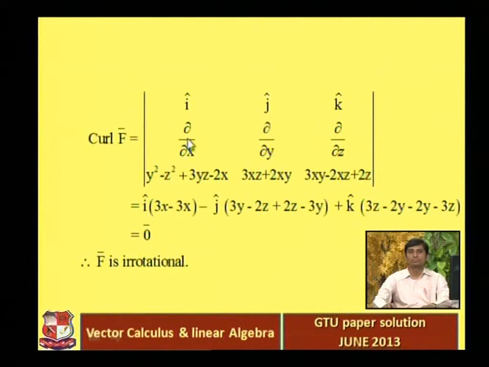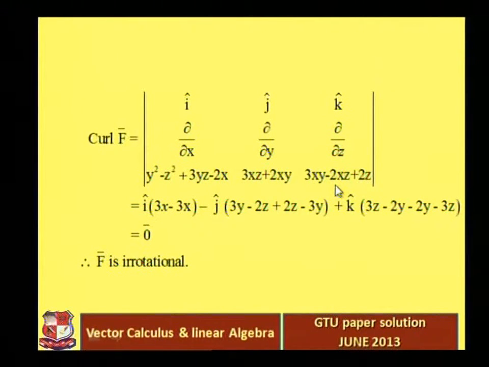Then minus j into del by del x of the third term, that is 3y minus 2z, because the derivative of 3xy minus 2xz plus 2z with respect to x: the derivative of 3xy with respect to x is 3y, and the derivative of 2xz with respect to x is minus 2z.